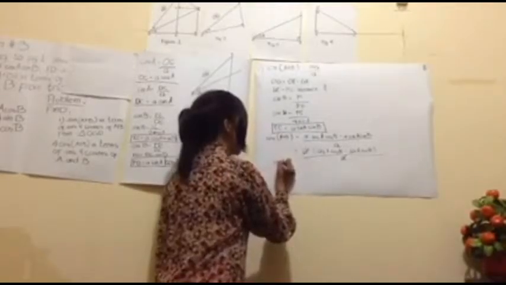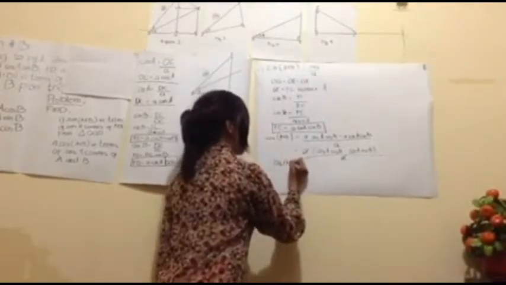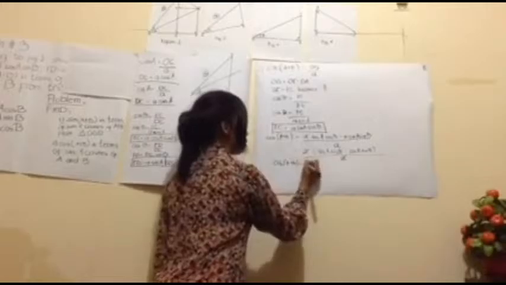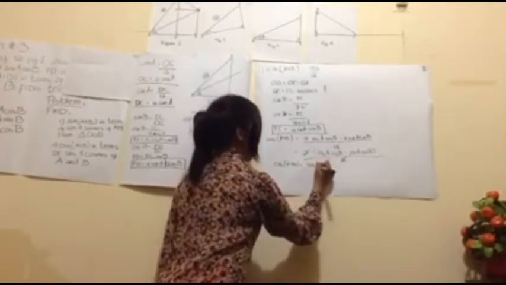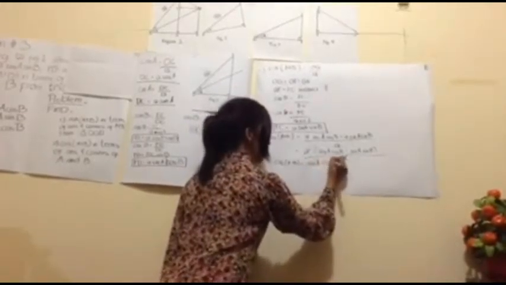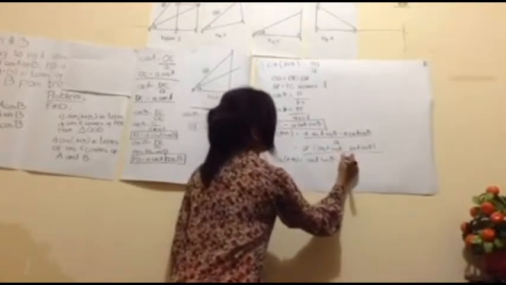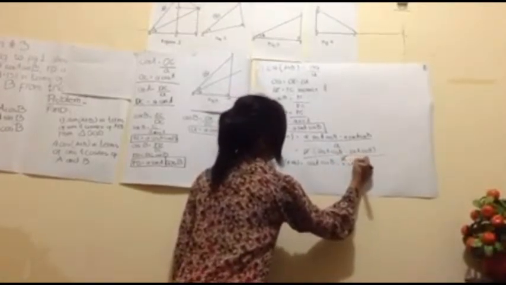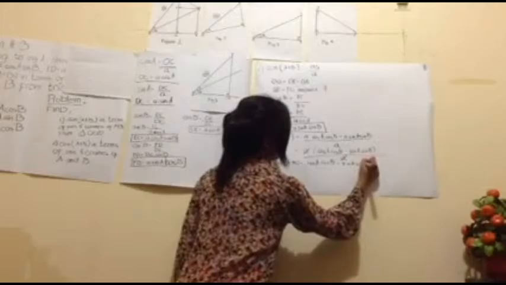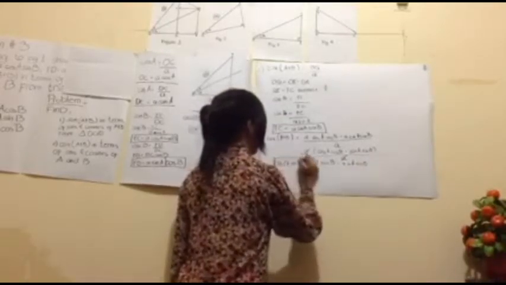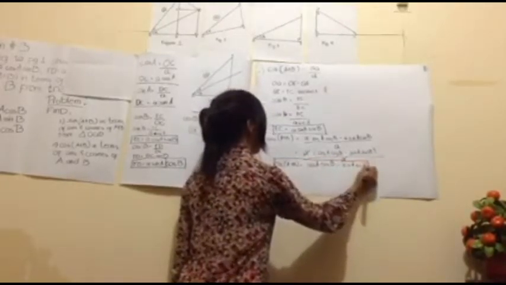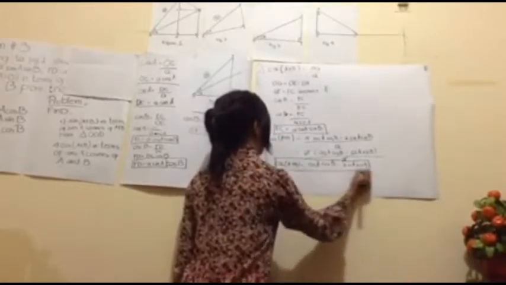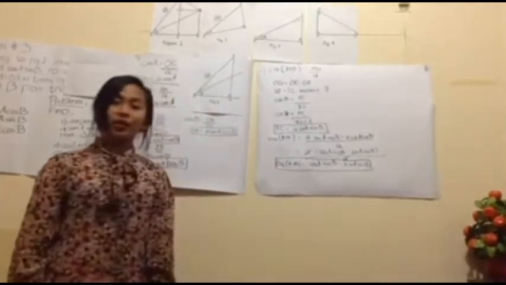So therefore, cosine A plus B is equal to cosine A times cosine B minus sine A sine B. Therefore, that is your final answer.